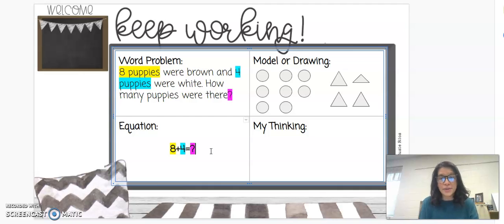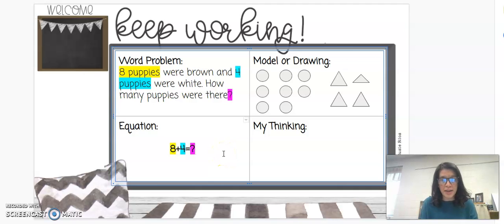Now, I have used a model and I tried counting on, but I want to check to make sure that my counting on was accurate. That means correct. So I'm going to double check by counting each one, and that's okay. So 1, 2, 3, 4, 5, 6, 7, 8, 9, 10, 11, 12.